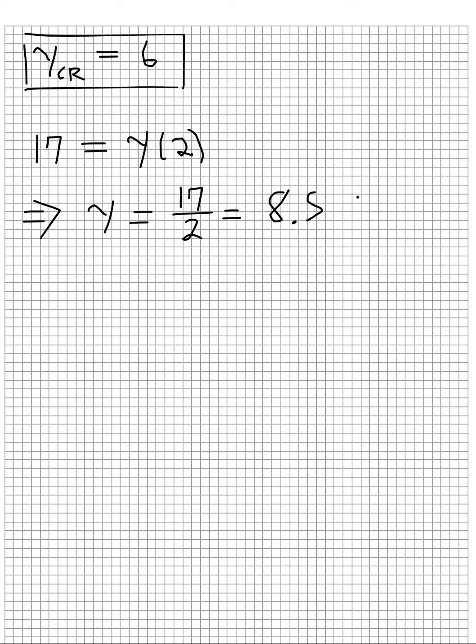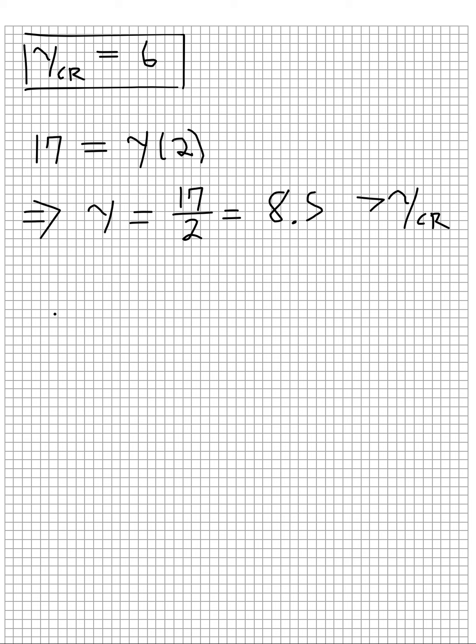And you can see this is bigger than 6, or gamma CR. All right, so it looks like we've got overdamping this time around. So we should expect to get 2 real distinct roots from the characteristic equation, and they should both be negative.